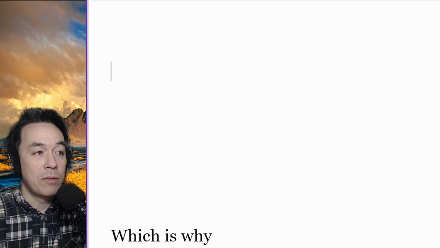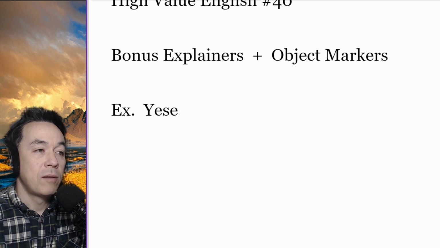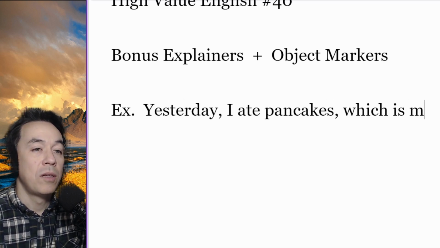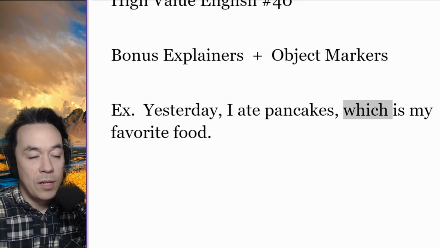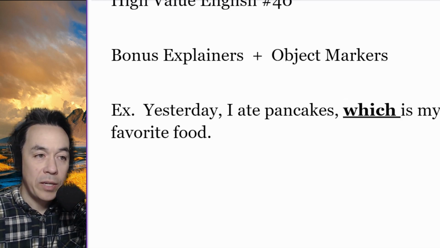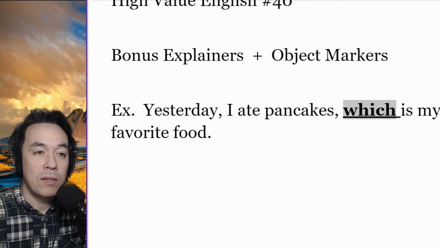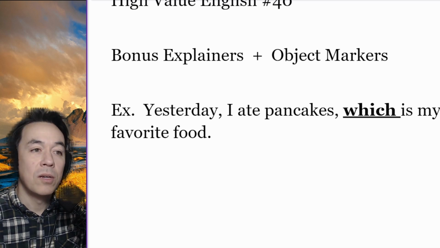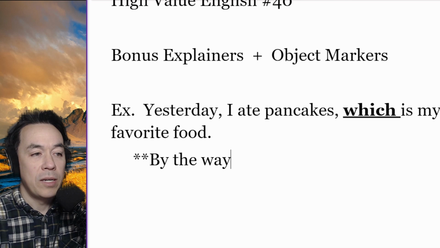Bonus explainers. Okay, so let's say, yesterday I ate pancakes, which is my favorite food. In this case, this word which is explaining this noun, pancakes. It's pancakes, that's my favorite food. Now, I would say this is just giving a little, by the way, right?